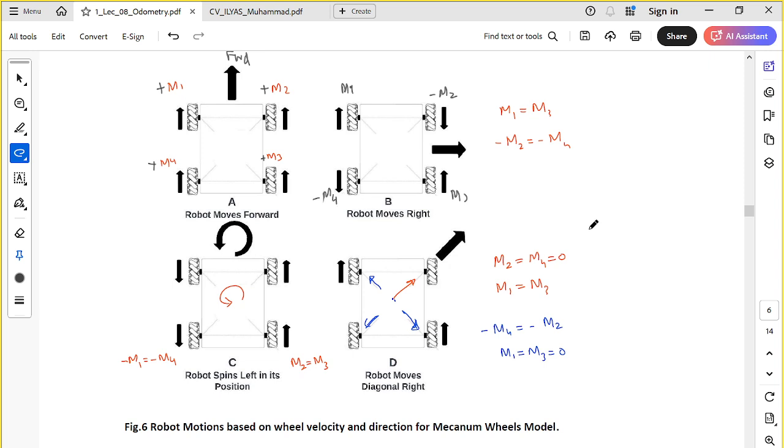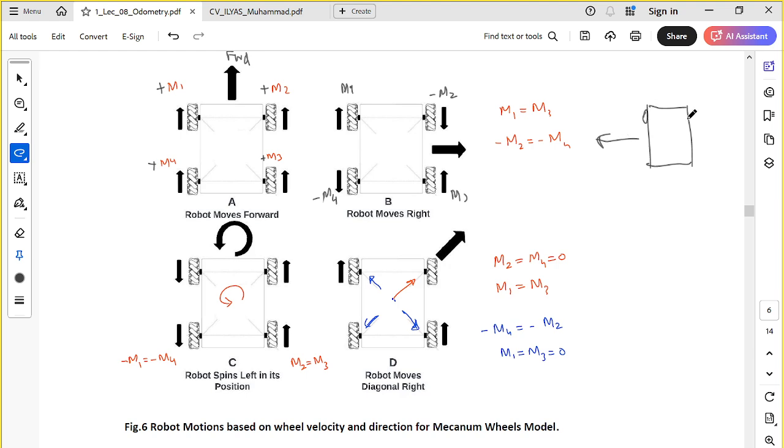This way, if you apply negative voltage to motor 2, motor 4, and positive voltage to motor 1, motor 3, your robot will move rightwards. Similarly, if you want to move it leftwards, you change the polarity of your voltage.